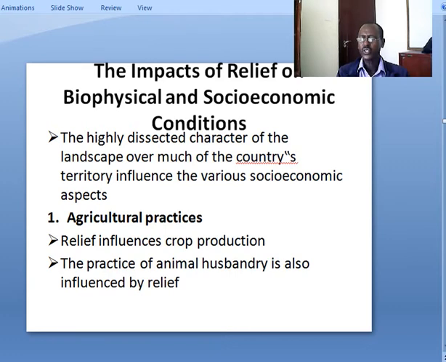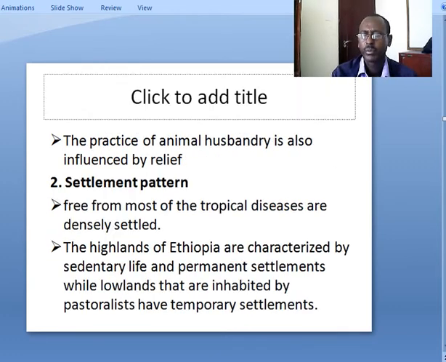The practice of animal husbandry is also influenced by relief, because there are some animals that could live in highlands and some animals that could live in lowlands. The same is true for crop production. Some crops will grow in highlands and others will grow in lowlands. So relief does influence agricultural activity.